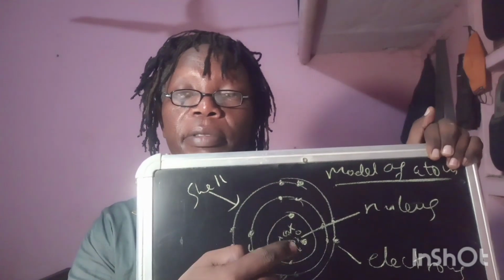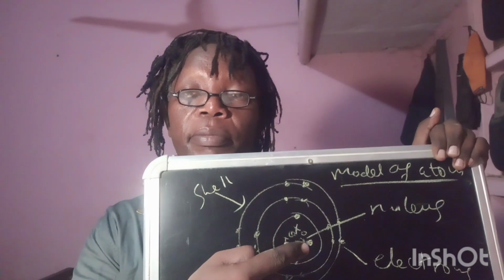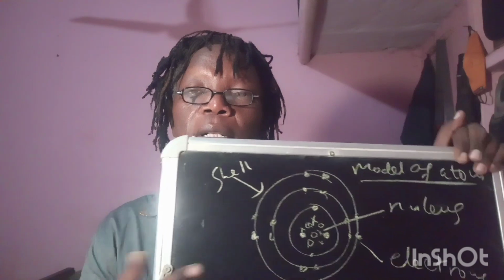Those are electrons. We have neutrons and protons bound here, forming a nucleus, right? So in physics, an atom is a complex arrangement of negatively charged electrons arranged in defined shells about a positively charged nucleus.